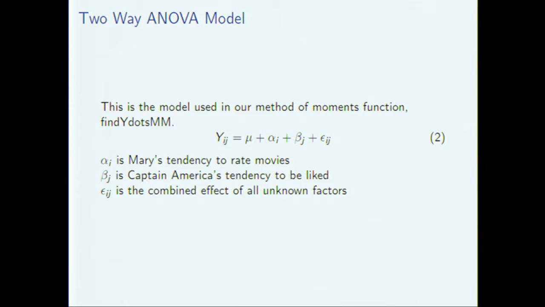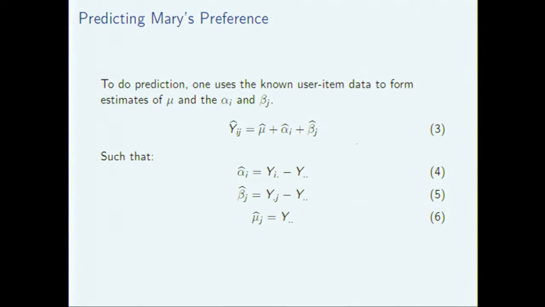We would look at all the ratings for Captain America and compare against all the other average ratings to see how well it fared. And the epsilon is just the combined effect of all unknown factors. So here, in order to predict Mary's preference, we want our Y value to be what we were talking about earlier.